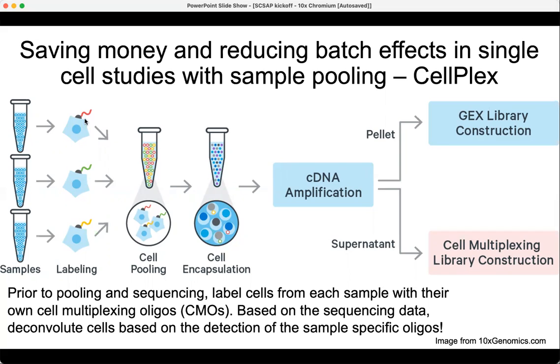And then once we've got our oligo-tagged samples, we can pool them together and go through that same process where we encapsulate the cells and do the DNA amplification. And then when it comes time to analyze our data, we first look for that sample level barcode and then that cell level barcode, and we can mix up to 12 samples together with this CellPlex technique in a single library prep. So this can save a lot of money and also save a lot of experimental headaches down the road.